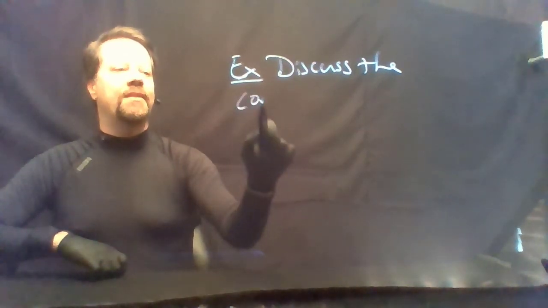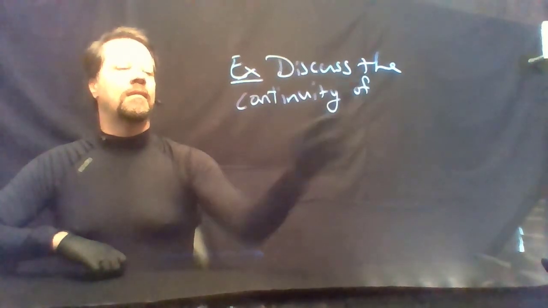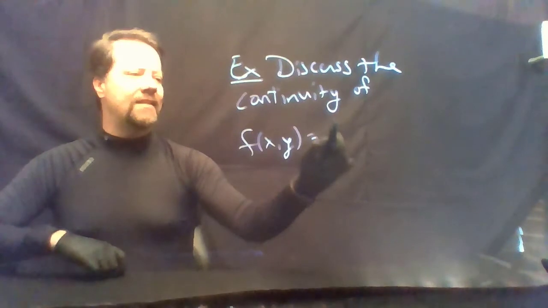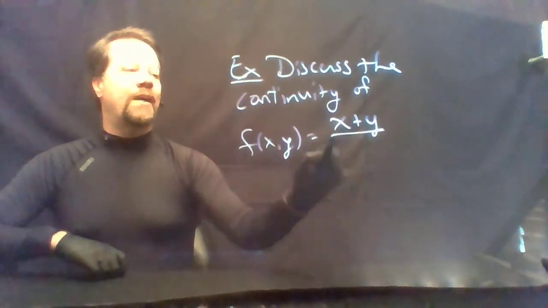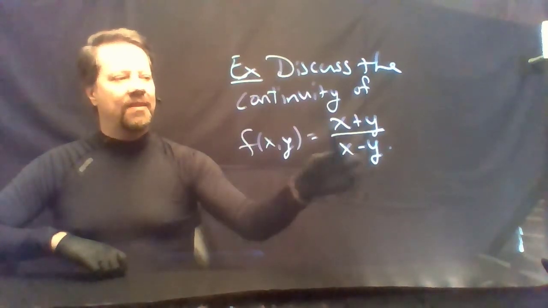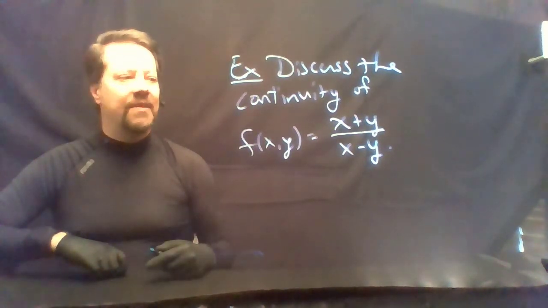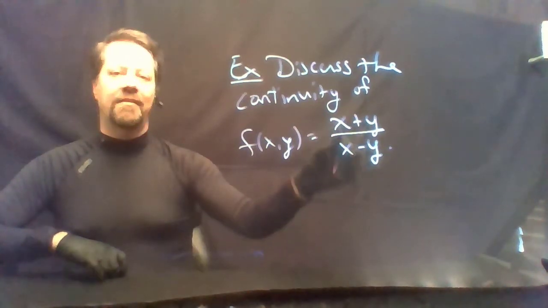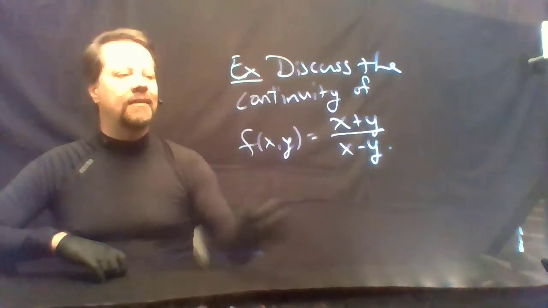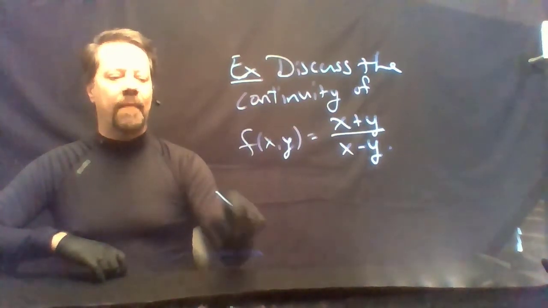Discuss the continuity of f of x comma y equals, let's say, x plus y over x minus y. Both the numerator and the denominator are polynomials. Both terms in the numerator are of degree 1. Both terms in the denominator are of degree 1. You only have problems with continuity if you get division by 0.